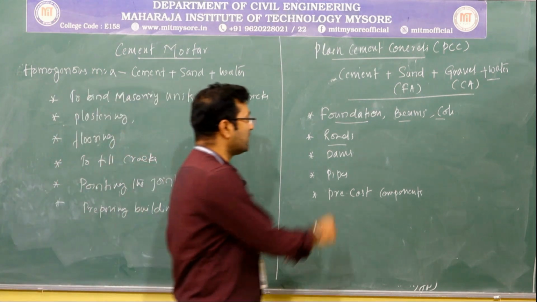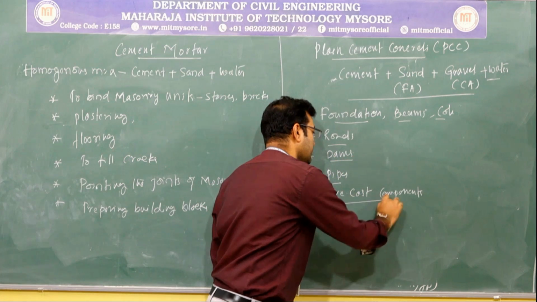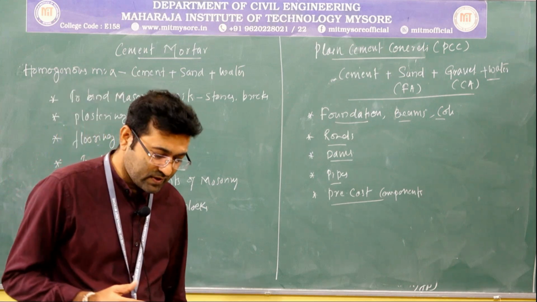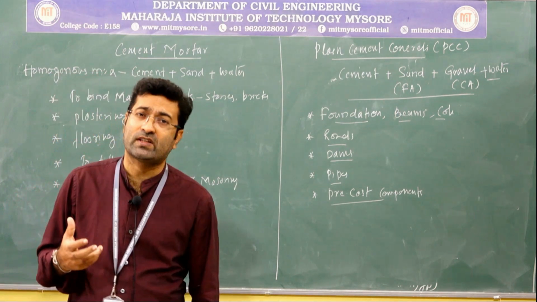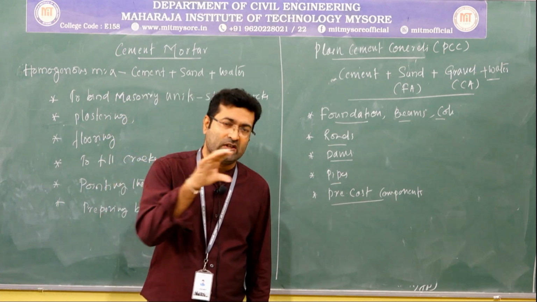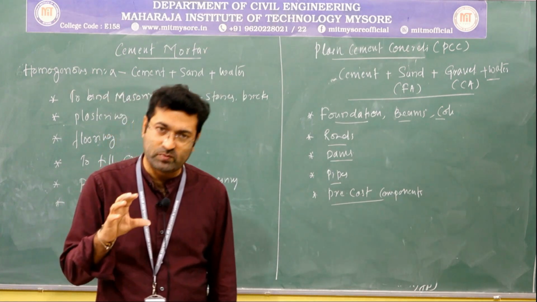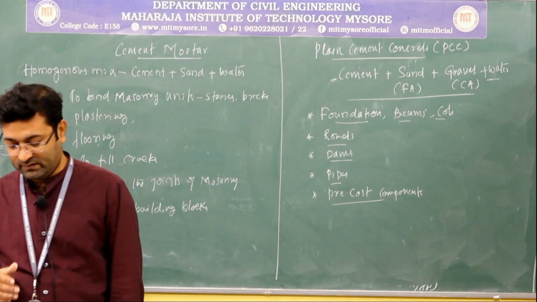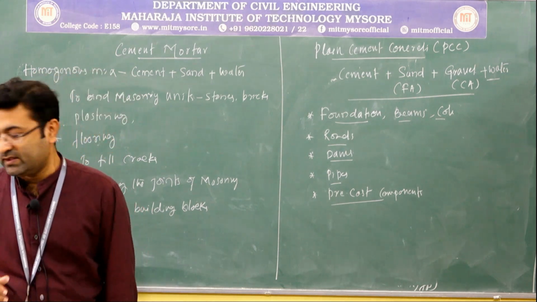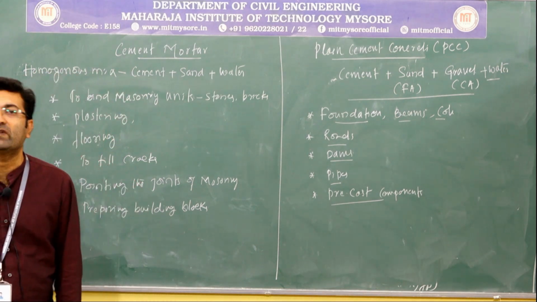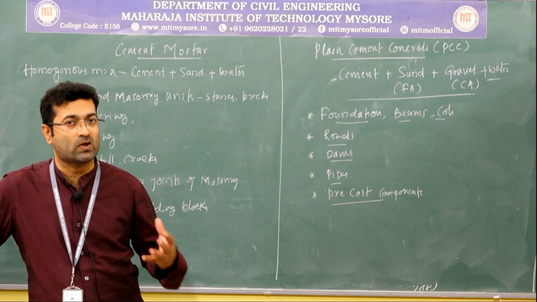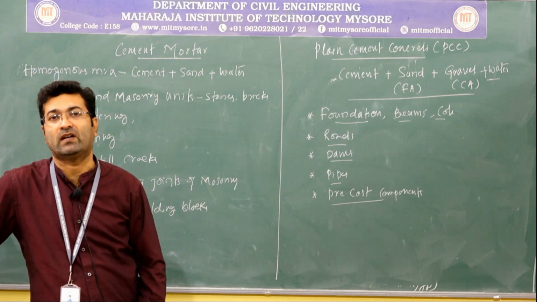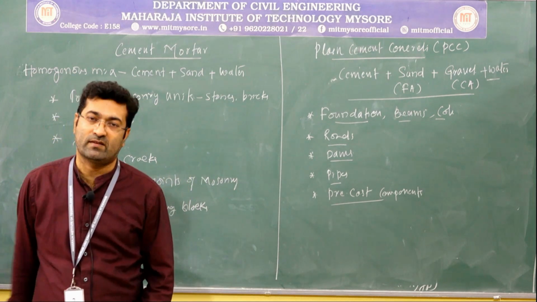Even for the construction of dams, pipes, and precast construction, like the precast flyover decks you see in flyover constructions, we need plain cement concrete. So wherever there is a need for hard surfaces or strong members in construction activity, we prefer plain cement concrete.